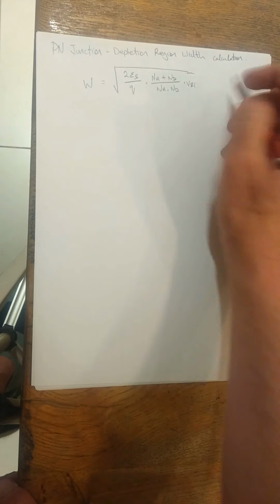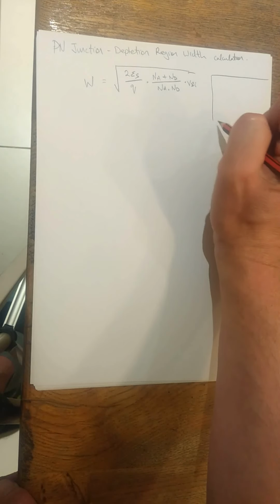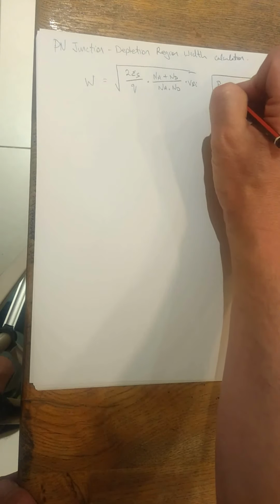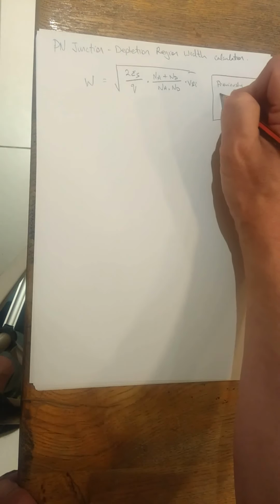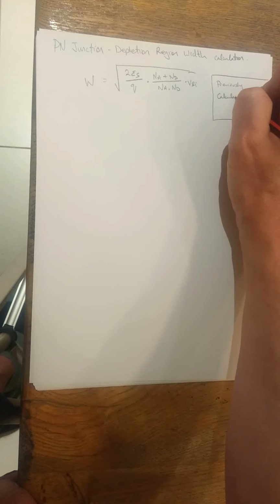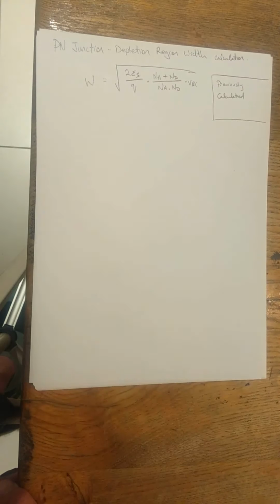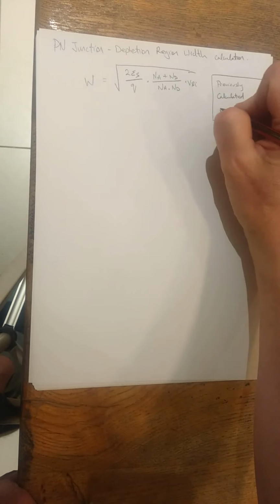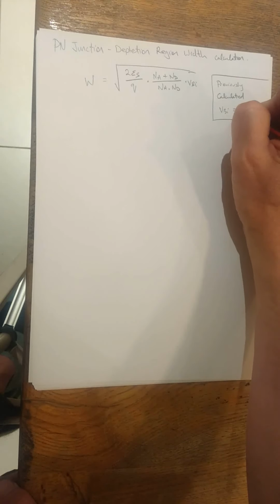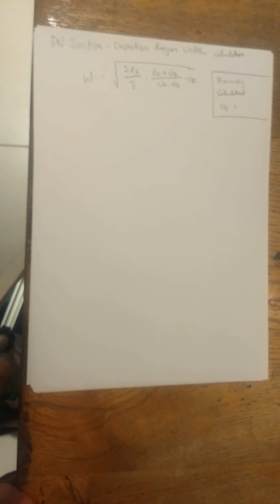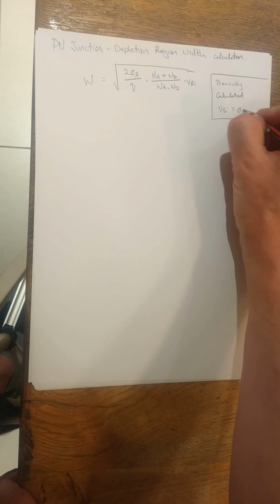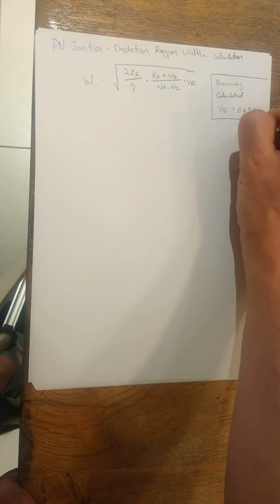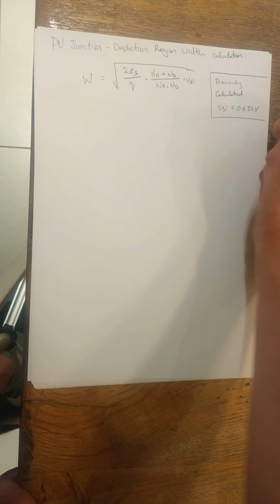Now, in the previous video, we calculated VBI. Obviously this is for this example with these doping concentrations, and that was equal to 0.634 volts.